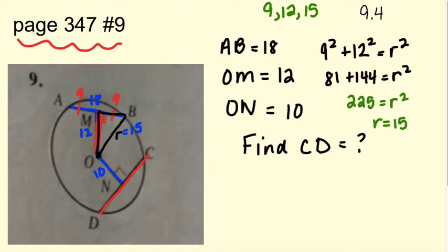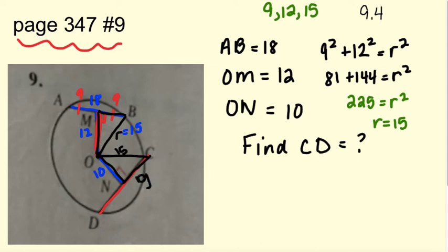So now I go to the other triangle that I can draw, which is right here. So I can draw that radius. I know now that it's 15, and so I can actually find part of the chord I'm looking for. I'm going to call that y, okay?